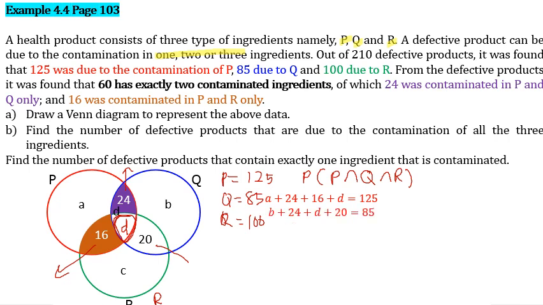And for Q, B plus 24 plus D plus 20 equals to 85. And for R, C plus 20 plus D plus 16 equals to 100. And A plus B plus C plus D plus all of these values equals to 210.